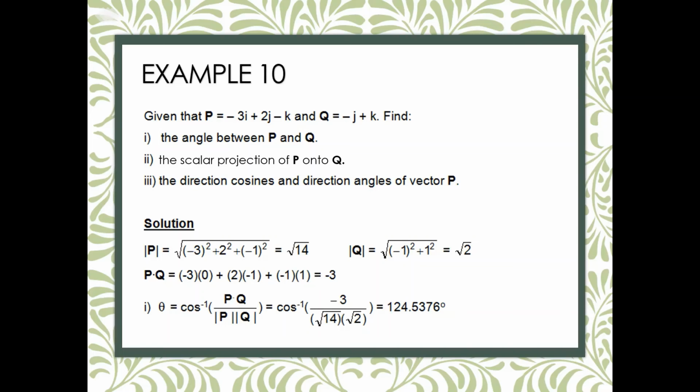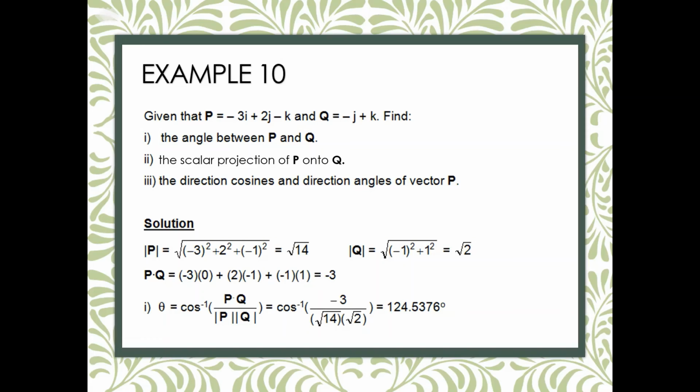Magnitude Q is equal to the square root of negative 1 square plus 1 square, which is equal to square root 2. P dot Q is equal to negative 3 times 0 plus 2 times negative 1 plus negative 1 times 1, which is equal to negative 3.